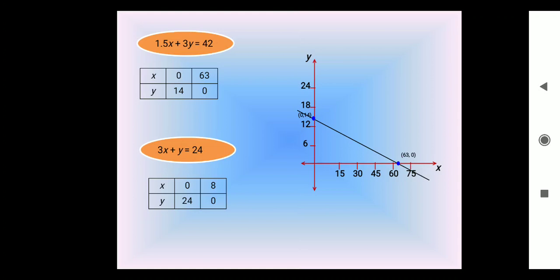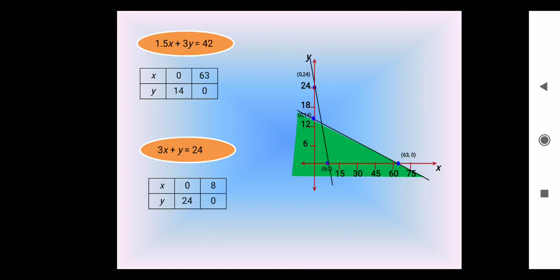Joining these two points, observe the first inequality, that is the less than or equal to symbol. When we substitute x and y as 0, we get a true answer, hence we are shading towards the origin. Let us consider the remaining 2 points, that is 0 comma 24. Next point is 8 comma 0.